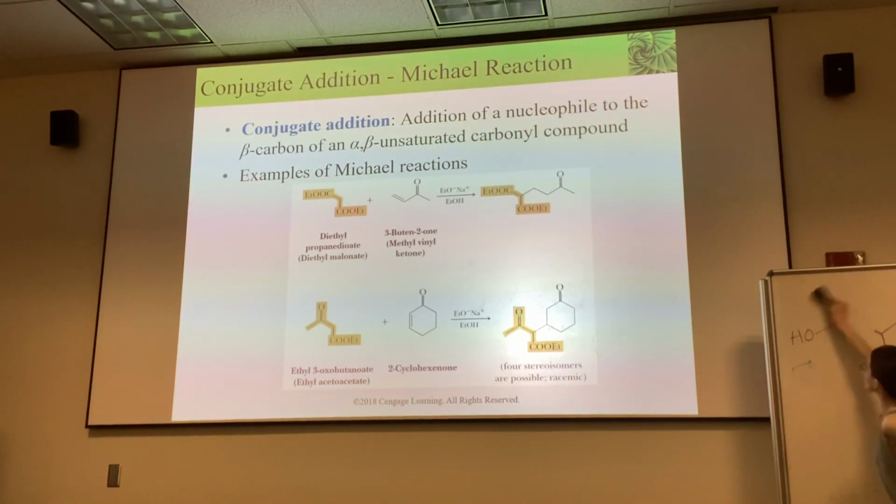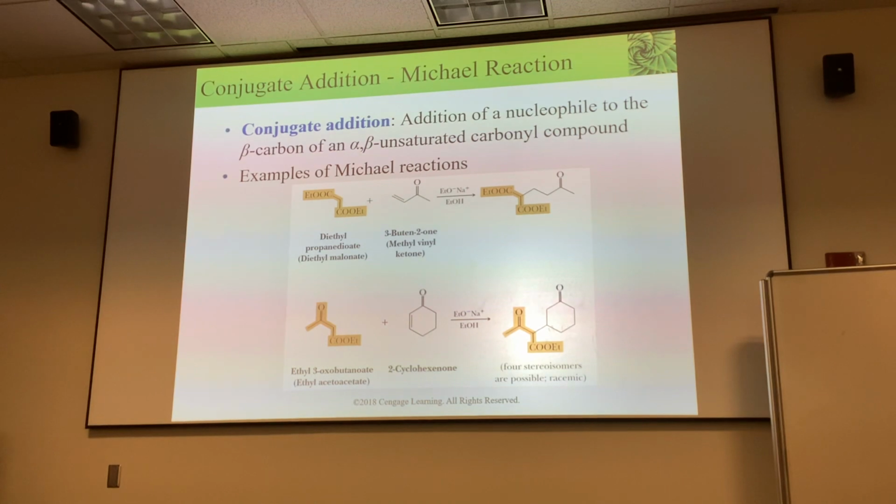So, Michael reaction. This is when we take a nucleophile and we react it with an alpha beta unsaturated ketone. Wait a minute, we take a nucleophile and react it with that?